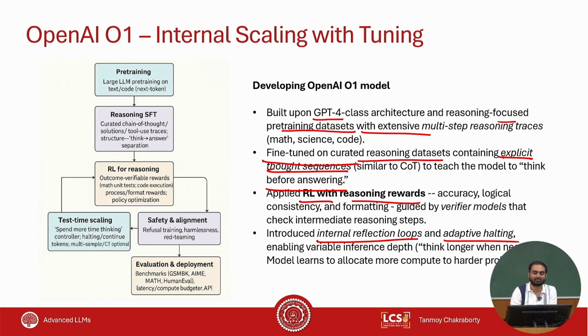So what is this internal reflection loop? The name is very fancy, and these people know how to come up with fancy names. Internal reflection loops mean that the model itself tries to assess or reflect on the steps that it generates, so you have self-reflection. Adaptive halting means the model knows where to halt, and this is determined dynamically.